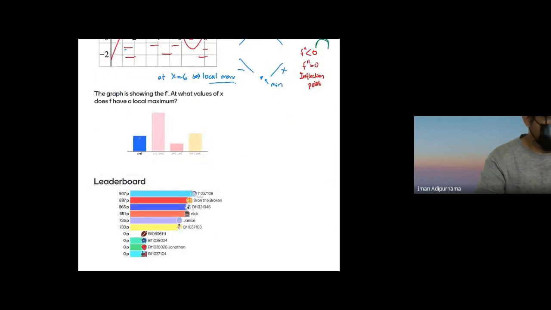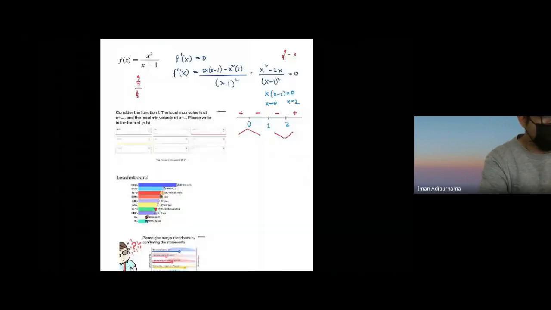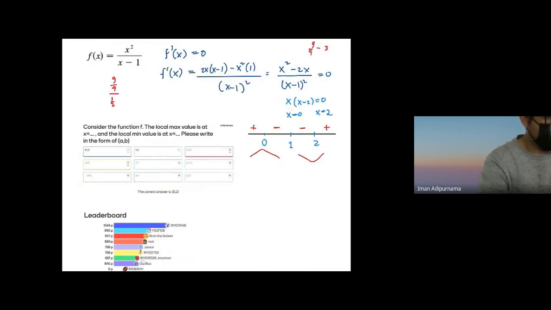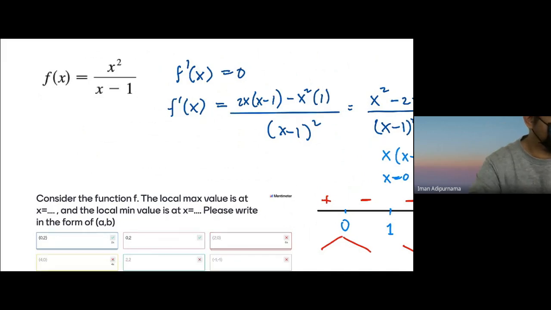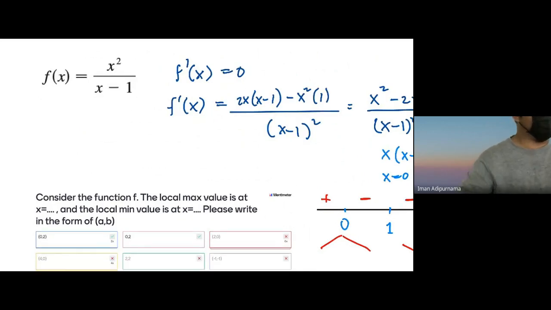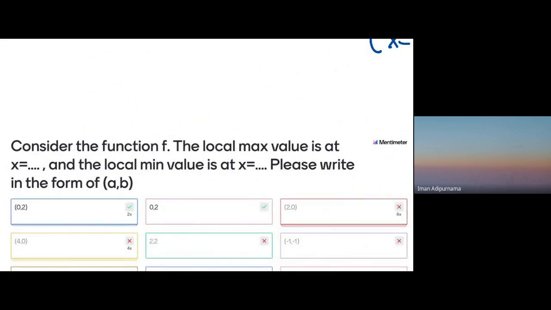Now the next question is this. Let me erase this part first. We are looking at this, and the question is just asking the local max is at which x value and the local min at which value, and please write in the form of AB.